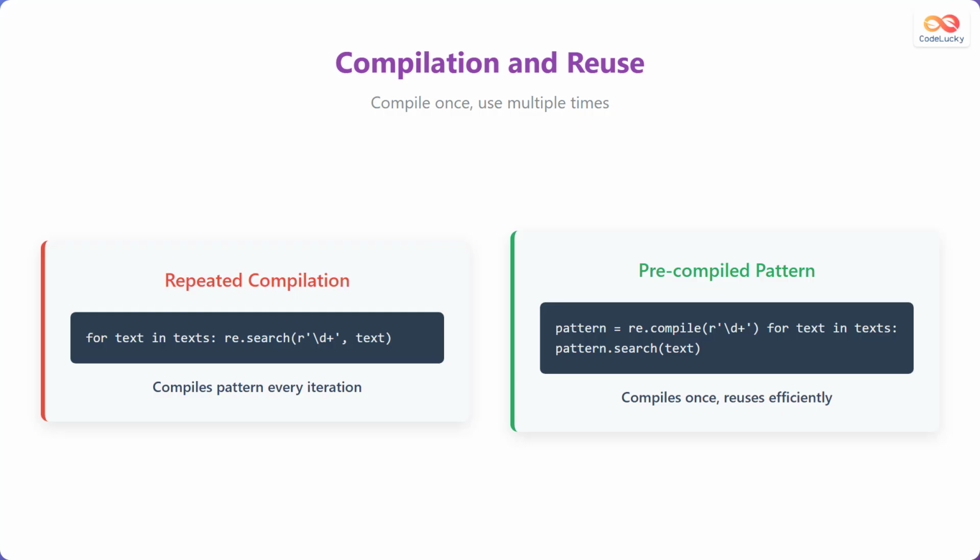The efficient approach is pattern = re.compile(r'\d+'), then for text in texts: pattern.search(text). This compiles the pattern once and reuses it efficiently, so this can lead to significant performance gains, especially in loops.